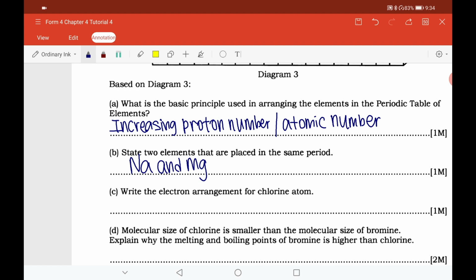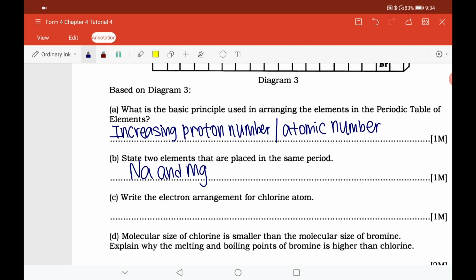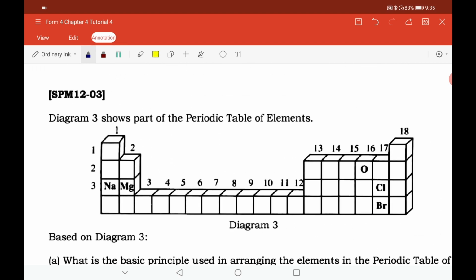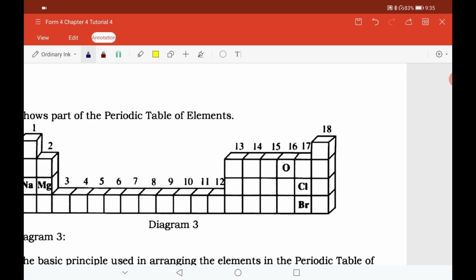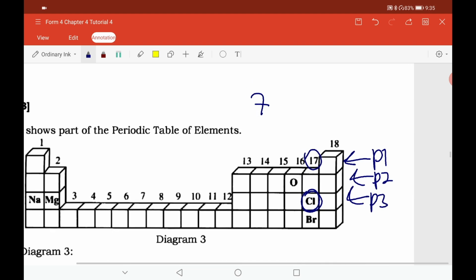So write the electron arrangement for chlorine atom. If you are fast, you can write the electron arrangement yourself. Chlorine is 2, 8, 7. If you're not sure, there's another way to do it. Chlorine is in group 17, so you know it has 7 valence electrons. Chlorine is in period 3, which means chlorine should have 3 shells.